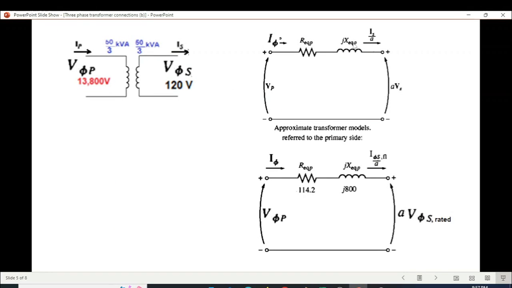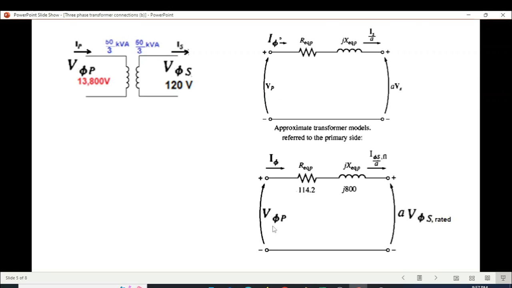Okay, now this is a simplified circuit which is used for calculating the voltage regulation. In this case, we have to actually calculate Vp. Now, this was for the general three-phase circuit. For our case, we'll just modify slightly.